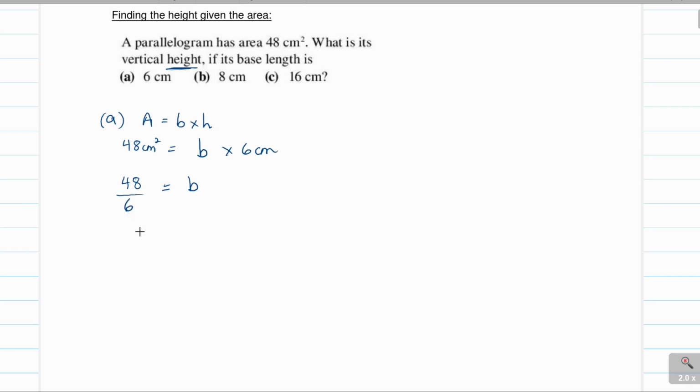Okay, so now my base is 48 divided by 6, and that gives me 8. So my base is 8 centimeters. Alright. Now you try B and C. Pause the video, try B and C, and then come back and check your answer.